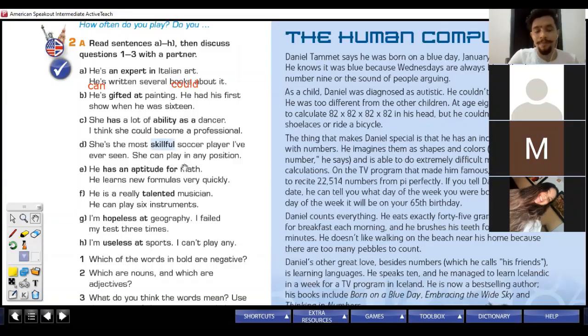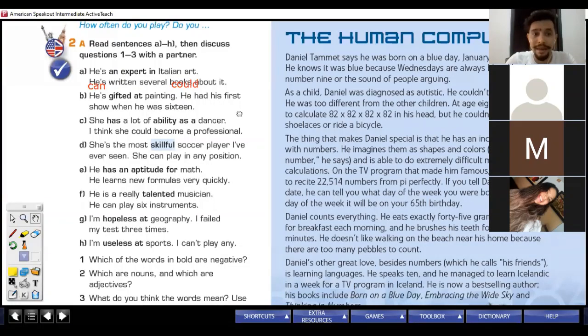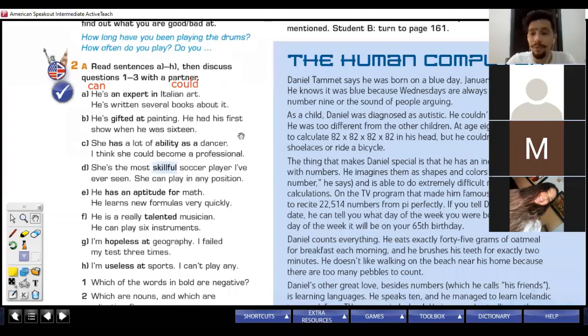We have several types of words and expressions that we can use to refer to ability, and we can use them in the past and in the present, no matter what, right? So guys, now you have a lot of different ways of expressing ability. Not only can, not only could.